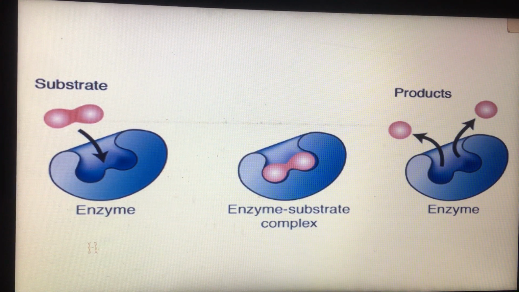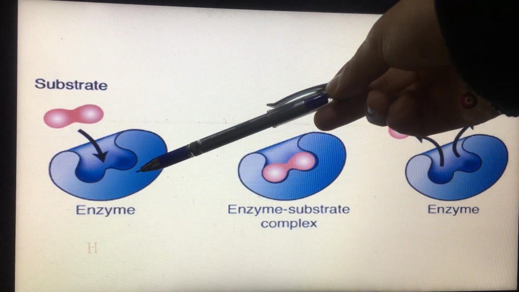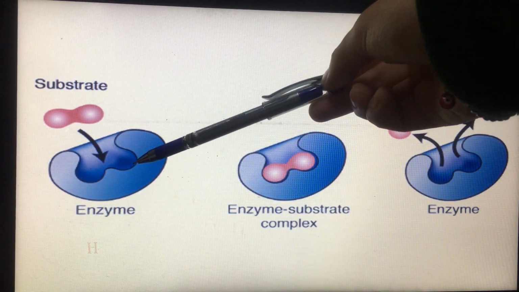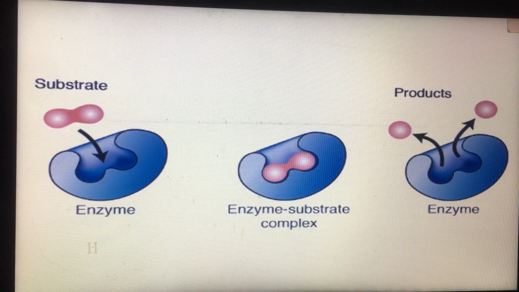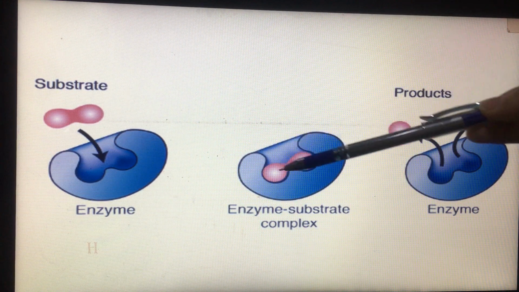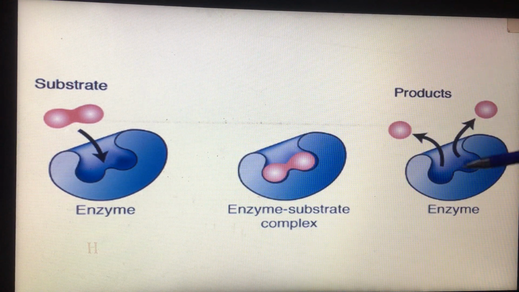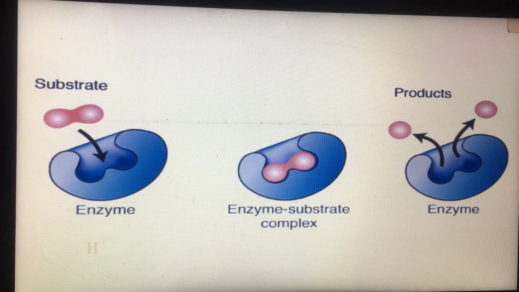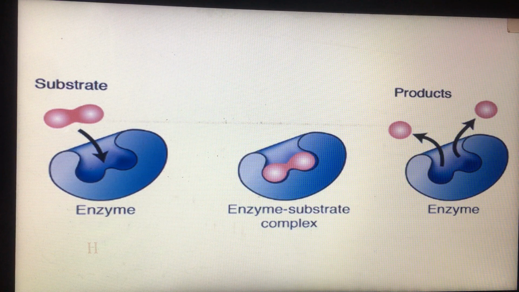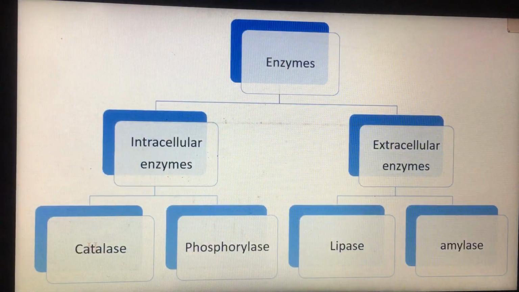Another example, if we have a protein fitting inside the enzyme, which is a protease, the protease will produce an enzyme-substrate complex. After that, it will divide the proteins into amino acids. So this is the mechanism of enzyme action. We call it the lock and key hypothesis.